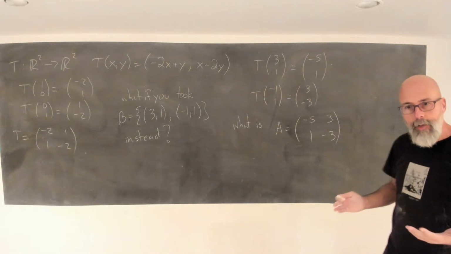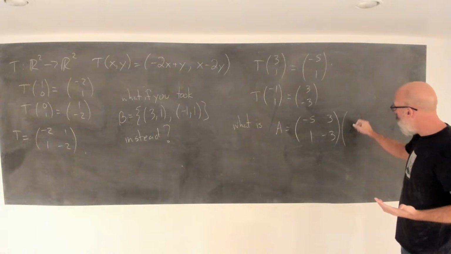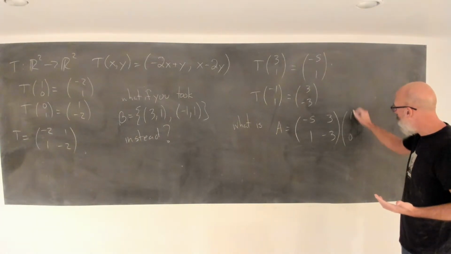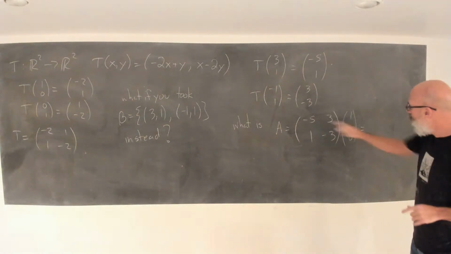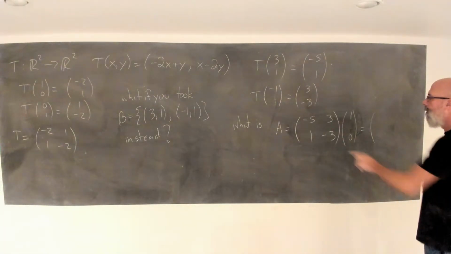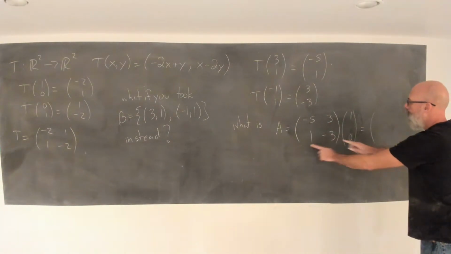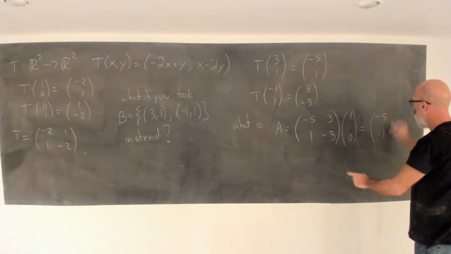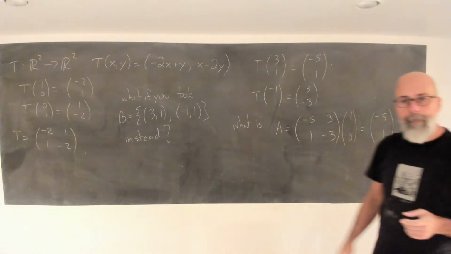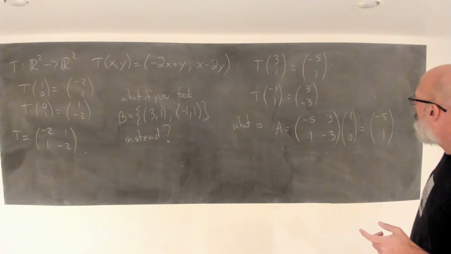Well, let's investigate what that is. What happens if you multiply this by the vector 1, 0? You get the vector minus 5, 1. Right?